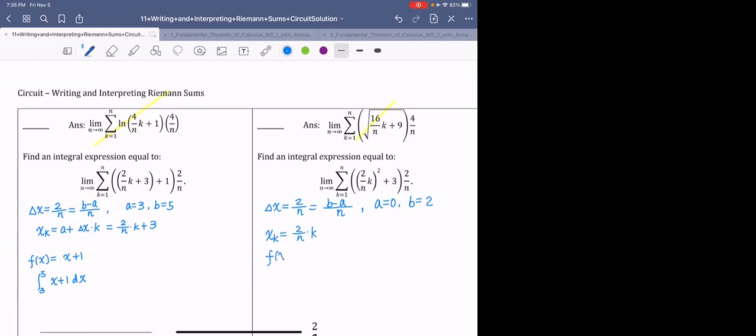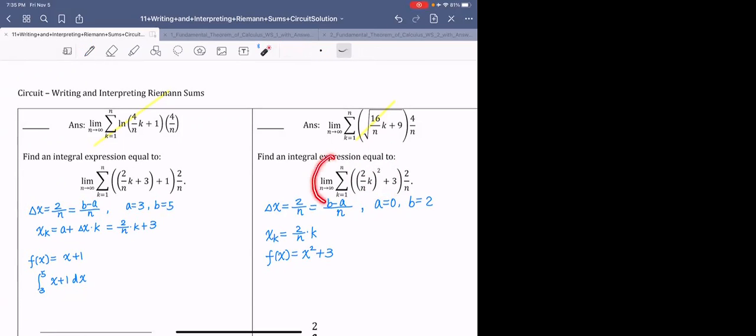So fx equals to who? This is x. Okay, this is x. So what's this function called? X squared plus 3. Correct.